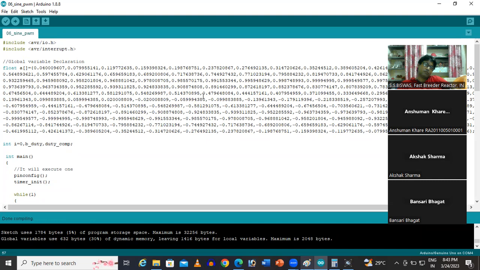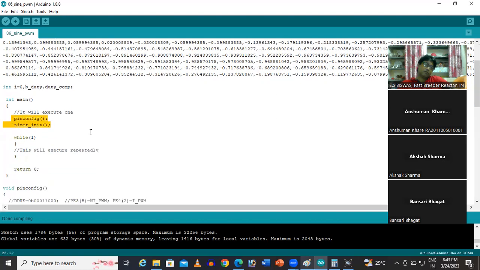So based on my PWM frequency, how many sine elements are required, that I have calculated, which is nothing but the PWM frequency divided by the power frequency. So I have to divide 360° into that many segments, and it will be incremented, and the sine theta is written here.